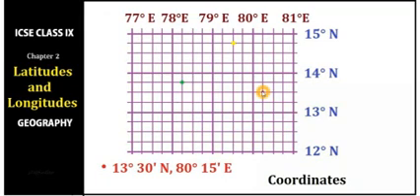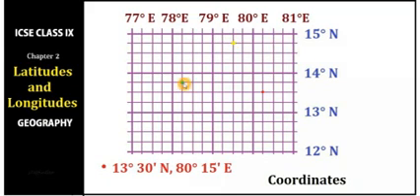One represents the latitudinal line, that is degree, minute and second, either north or south of the equator, and the longitudinal line with degree, minute, second, east or west of the prime meridian. So these are the basic units to help to locate a place.